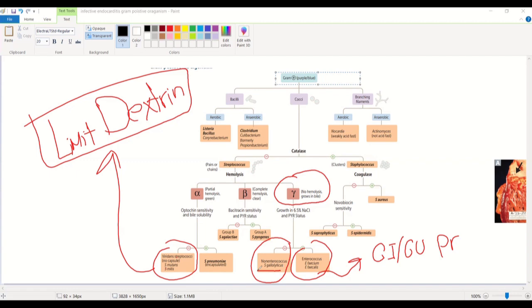They give you in the clinical history colon cancer and inflammatory bowel disease, right? So these are some high yield gram positive bacteria that are associated with infective endocarditis, right?